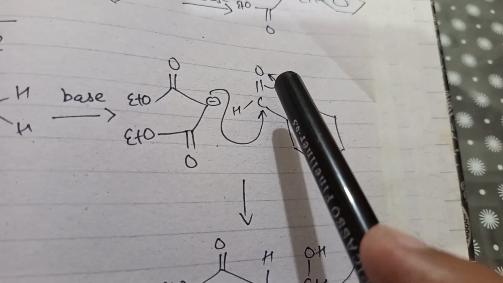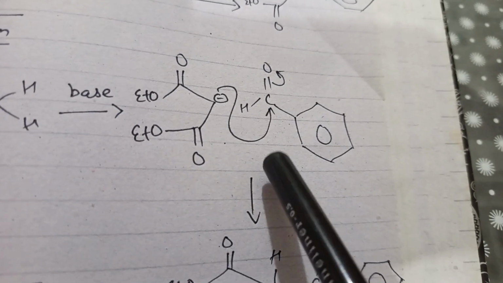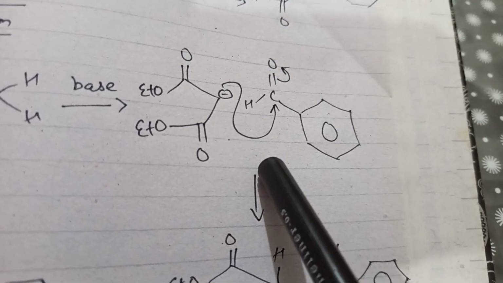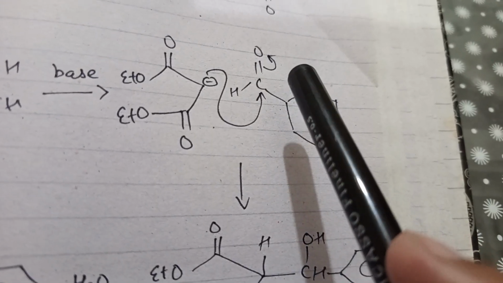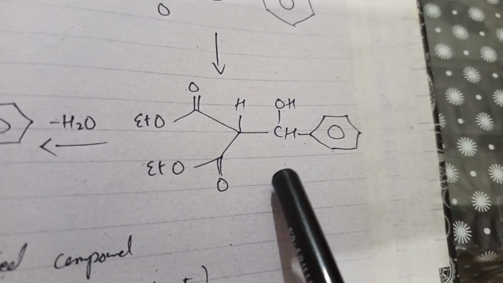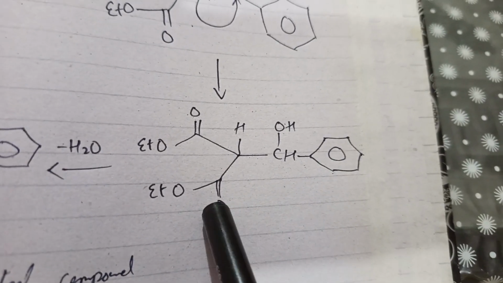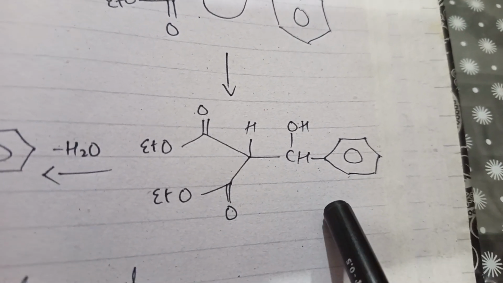So before it gets protonated, this will become a tetrahedral alkoxide intermediate, and in that intermediate, this oxygen will get protonated and it will form this alcohol intermediate, or we can call it a beta hydroxy compound, right?